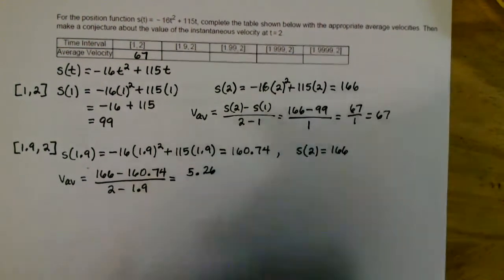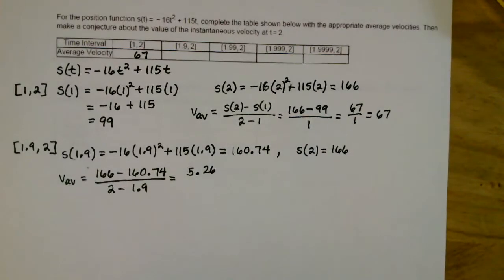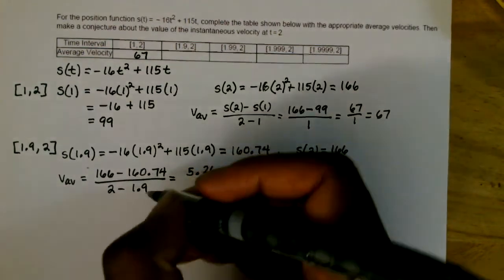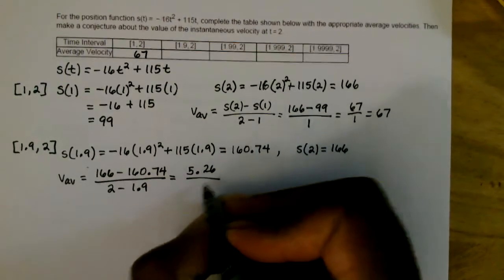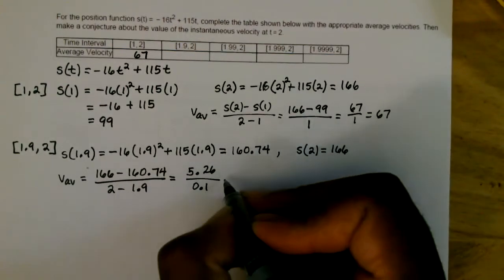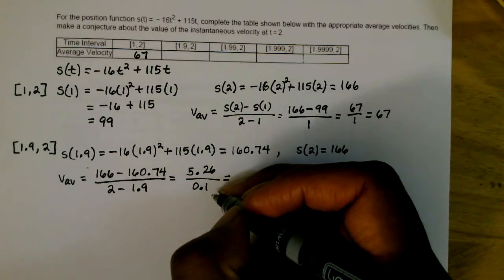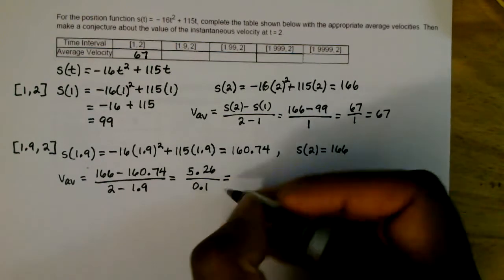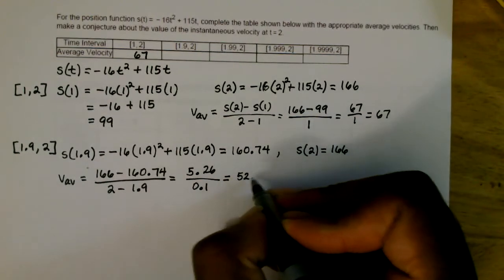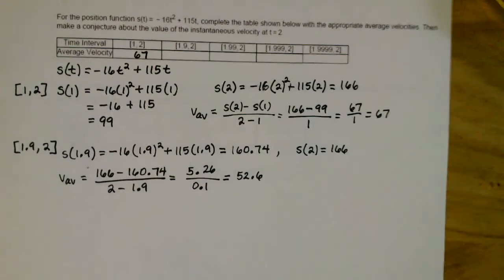I left the 4 off. So that'd be 160.74 from 166, that's 5.26, divided by 2 minus 1.9 would be 0.1. 5.26 divided by 0.1 is going to be 52.6. So the average velocity from 1.9 to 2 would be 52.6.